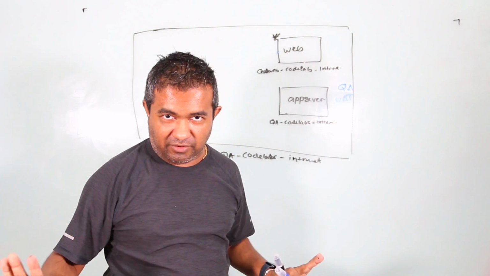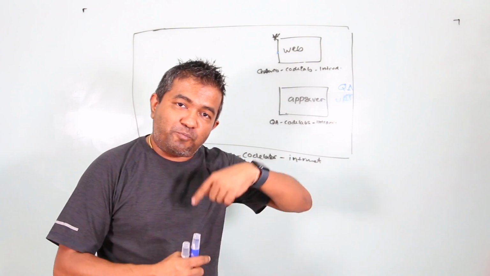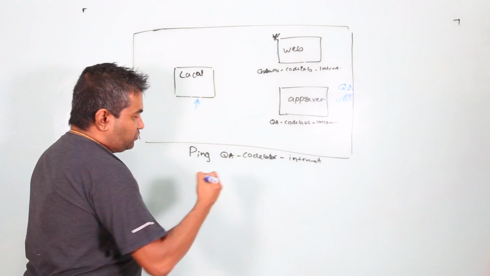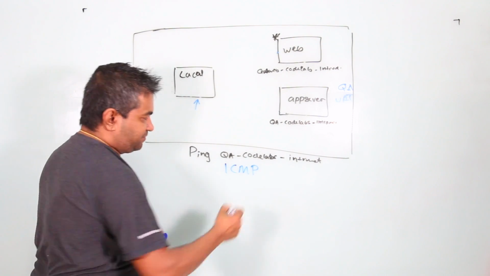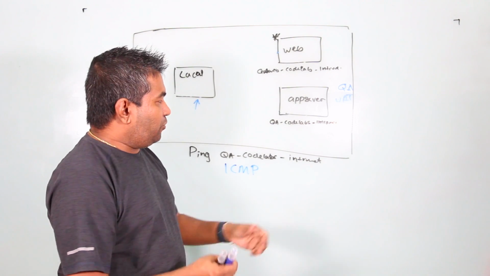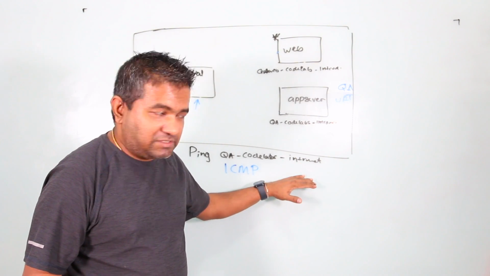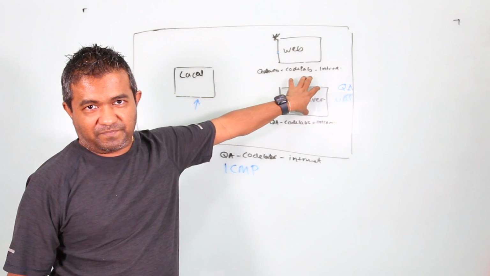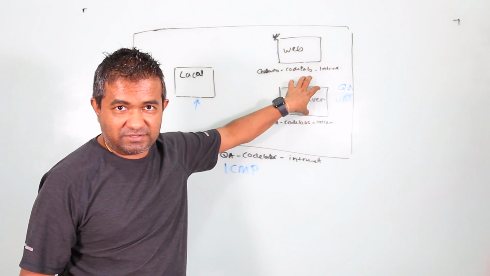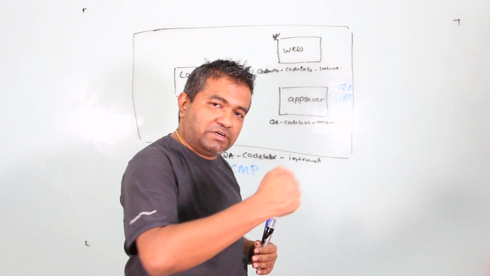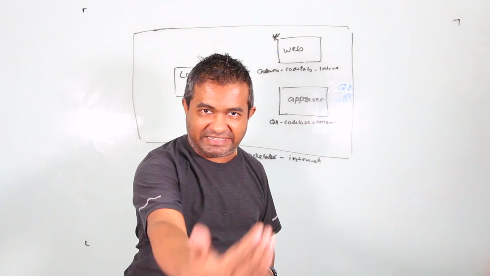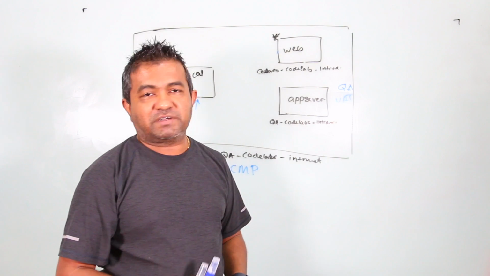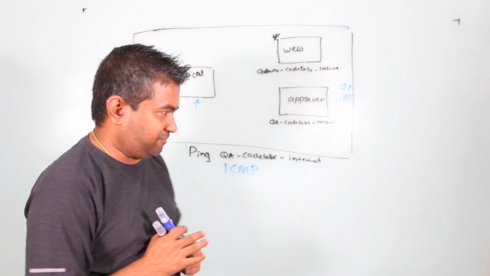That we can clear out. But the opposite doesn't hold, because ping uses the ICMP protocol. Maybe your firewalls or your destination server block the ICMP protocol, in which case ping doesn't work. So if ping works, you have connectivity to the server, but if ping doesn't work, that doesn't tell you that you don't have connectivity. That we need to clear.